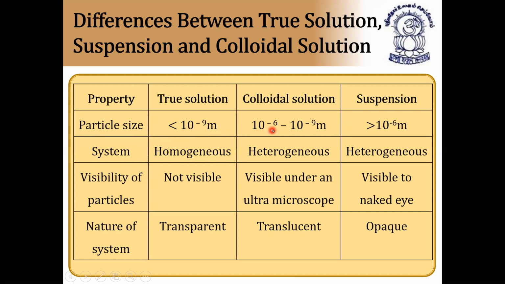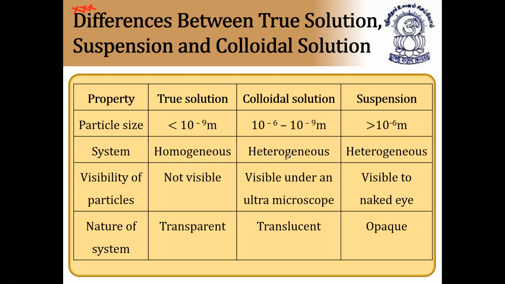For a colloidal solution, it is 10 to the power of minus 9 to 10 to the power of minus 6 meters. For a suspension, it is greater than 10 to the power of minus 6 meters. A true solution is always homogeneous, and a colloidal solution is heterogeneous. Very important. So a true solution is homogeneous, and a colloidal solution is always heterogeneous.